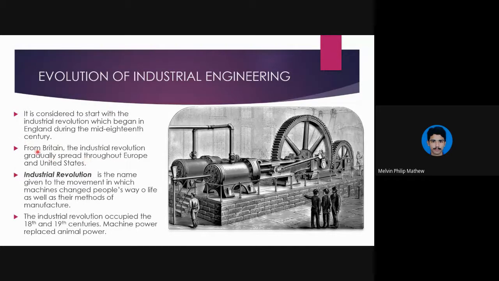So from Britain, the Industrial Revolution gradually spread throughout Europe and United States. So it was considered to start from England, and then gradually spread to Europe and United States.